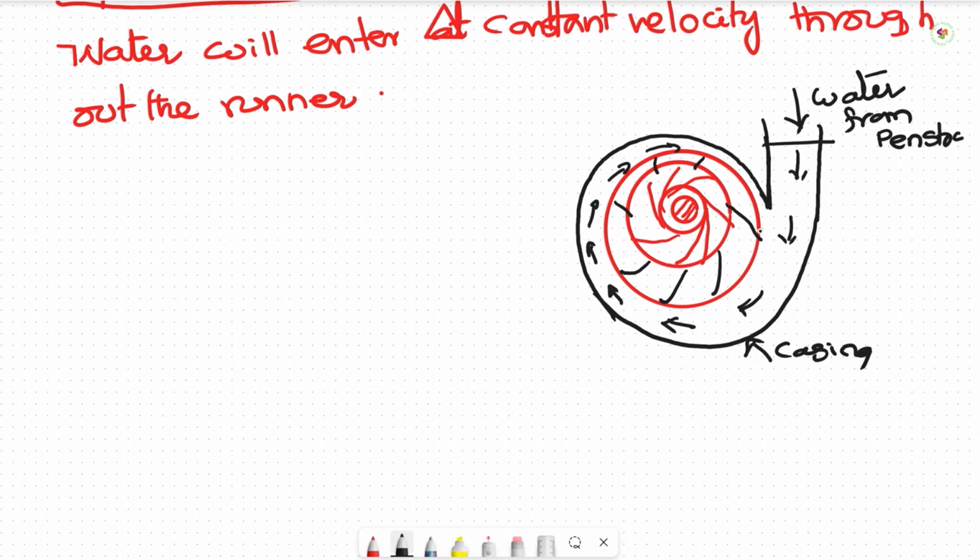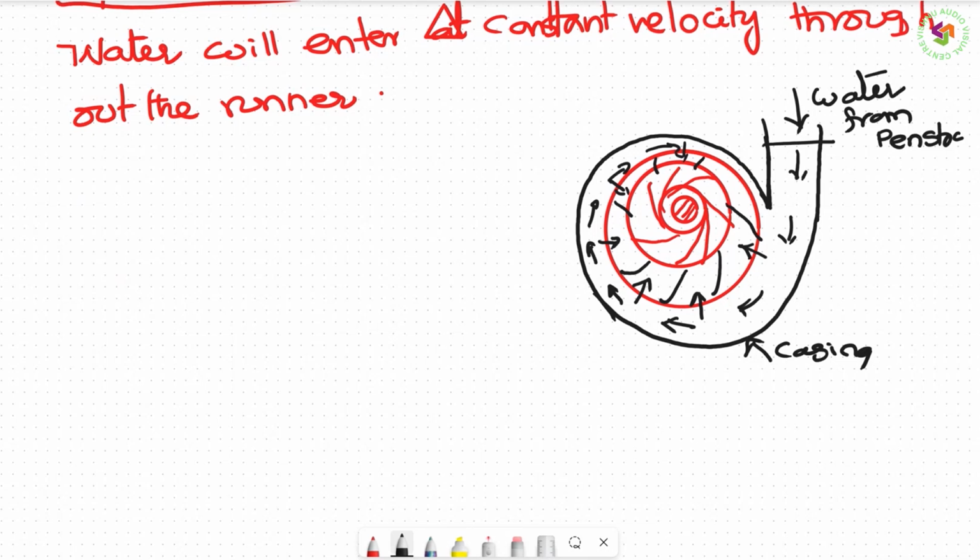Why? Here, the velocity with which the water enters here, here, here, all will be maintained constant. The reason I am telling why we are decreasing is, when water enters, it has pressure energy plus kinetic energy, right? With some velocity it enters. If I maintain the same thing, what will happen? The velocity goes on decreasing. So that is why we are reducing the flow section.